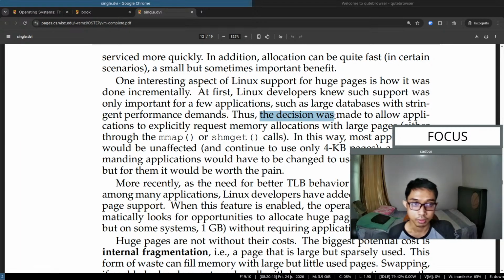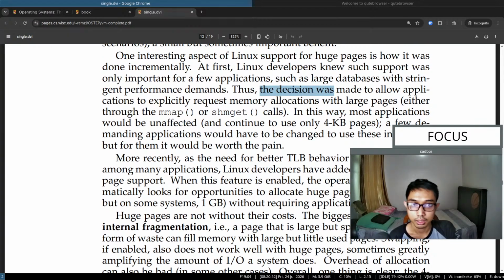Thus, the decision was made to allow applications to explicitly request memory allocation with large pages, either through mmap or shmget call. In this way, most applications would be unaffected and continue to use only 4 kilobyte pages.